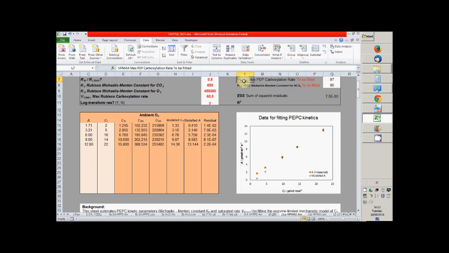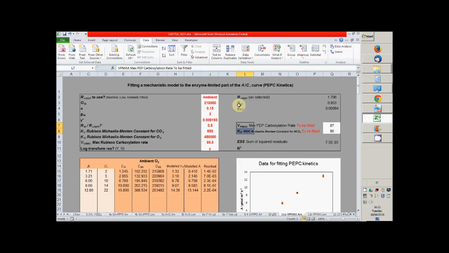Both the value of VP max and KP may be fitted, or to increase constraint, we can specify a value for KP taken from the literature. Here is specified 80, and we can only fit VP max.